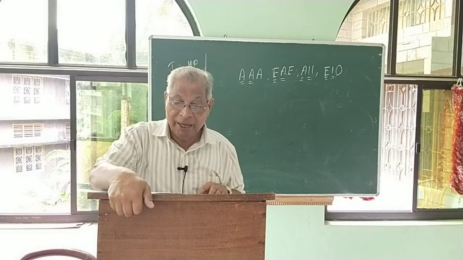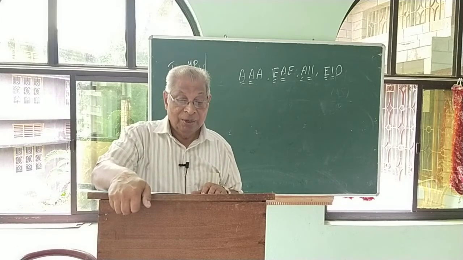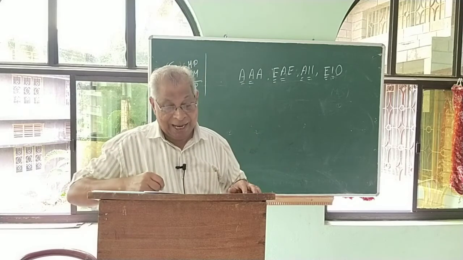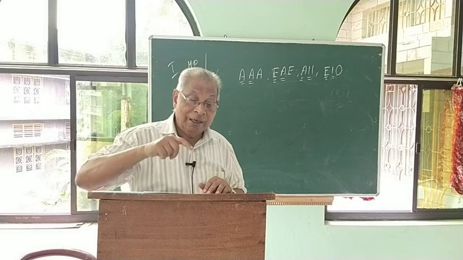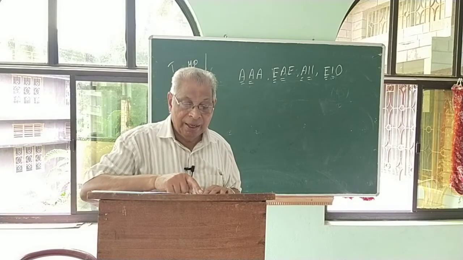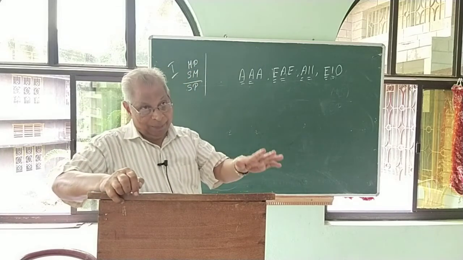The rhymes are Barbara, Celarent, Darii, Ferio. This is Latin pronunciation. You find the A, A, A: instead of saying AAA, we put a Barbara mood.